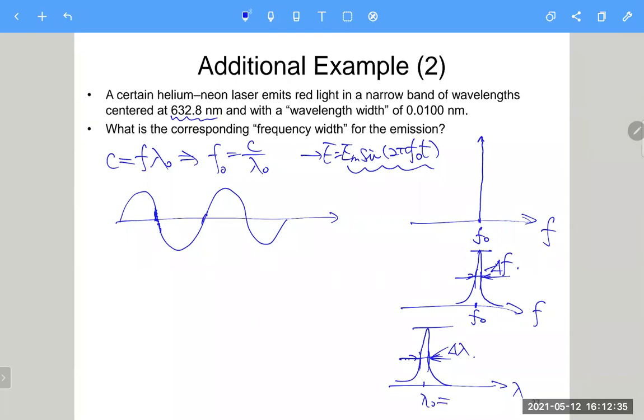Suppose this is 632.8 nanometer, and this delta lambda is something like 0.0100 nanometer. So you can see here, this number is much larger than this one. So this is quite narrow if you plot it in this axis.